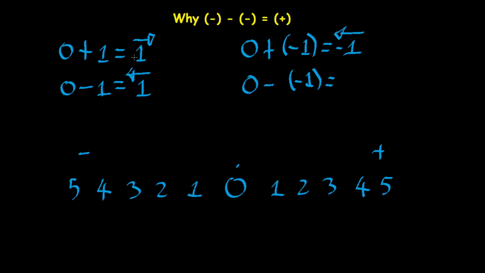If we see one pattern here, when we add something, we go to the right, we add a positive number, and when we subtract a positive number, we go to the opposite side. So the same happens if we add or subtract a negative number.